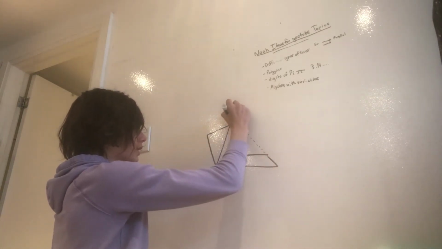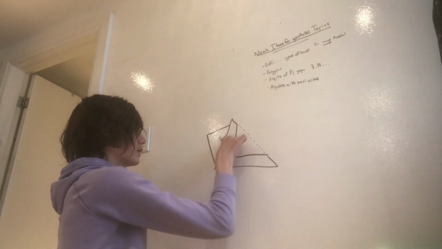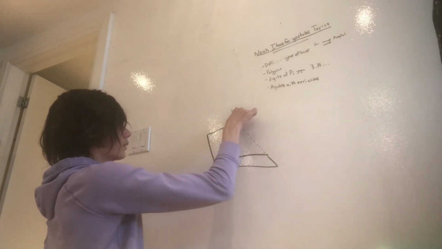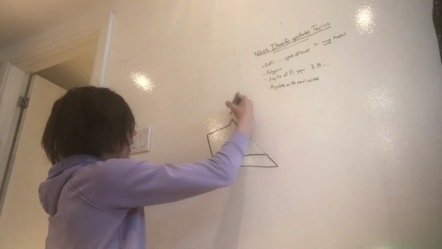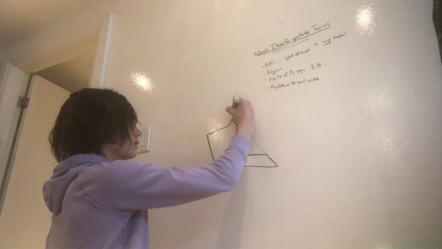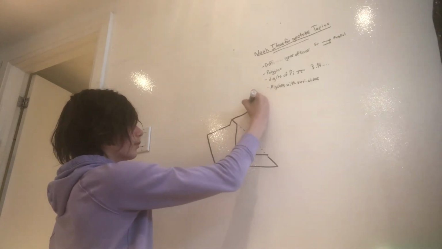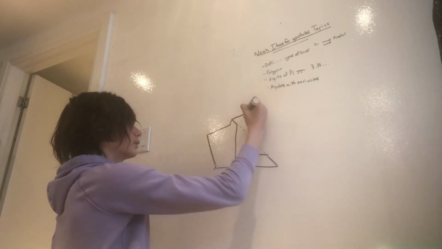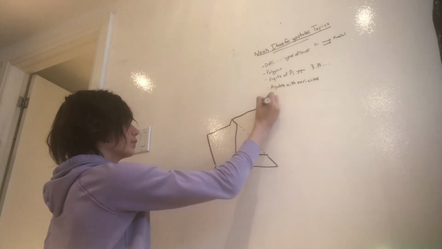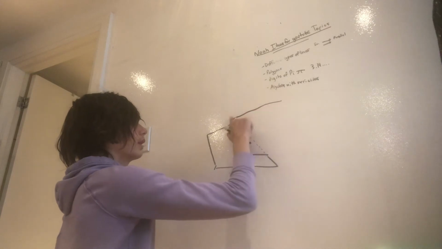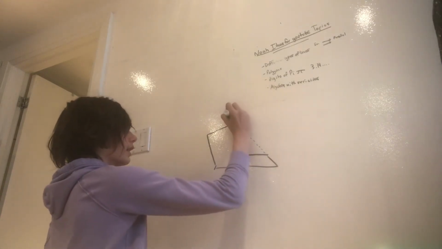So you would have the, let me cross this out. And now that you would have this, you'd go, this is not a straight line, I'm sorry.